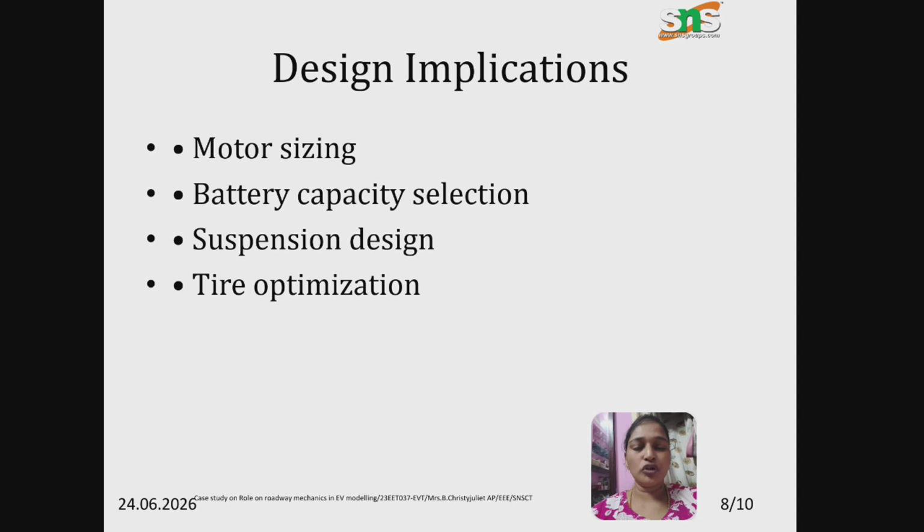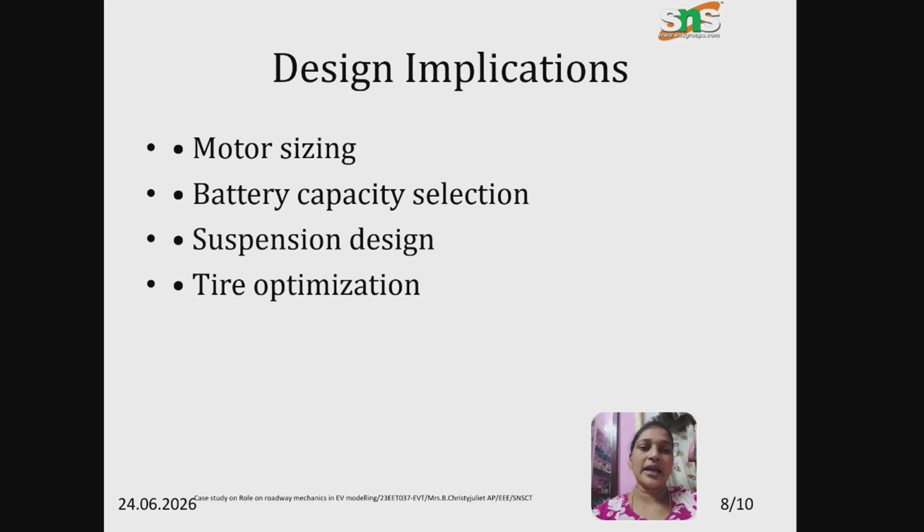For example, for an urban area two-wheeler, the road will be somewhat smoother, so in that case the suspension needs to be a little steady. But for bumpy roads, the suspension needs to be smooth, so it has to carry all the ruggedness of the road. So the suspension design plays a vital role in designing an EV.